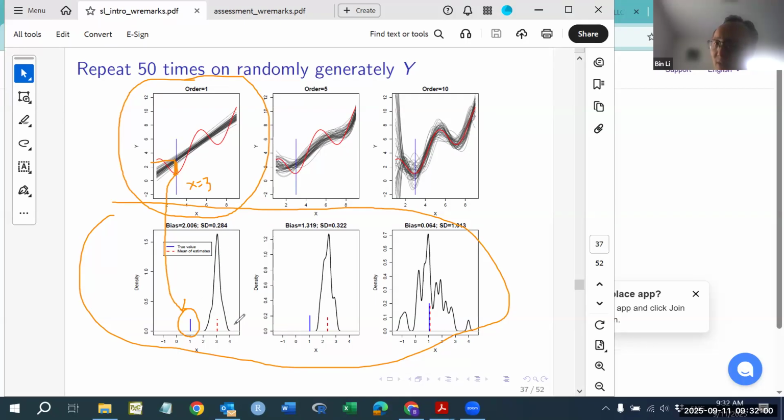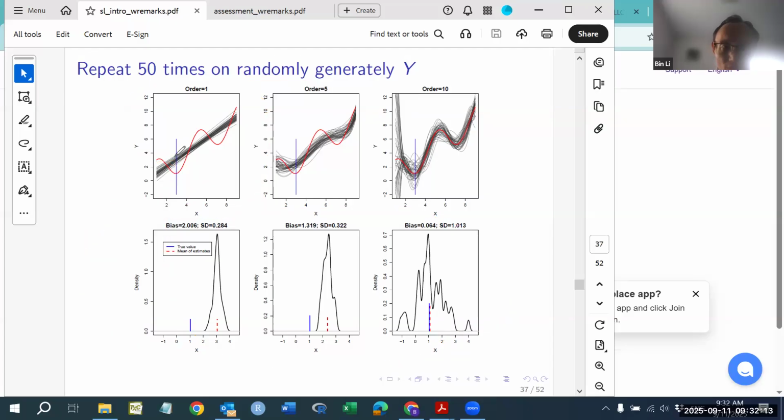The distribution on the right side shows the 50 values based on the random models. We have 50 models, so when x is 3, we have those 50 predicted values. For these 50 values, I drew a histogram or a density plot.